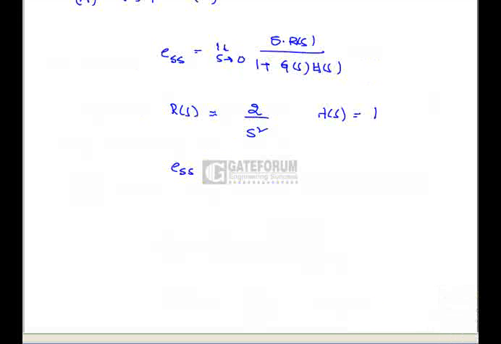So ESS equals 2 divided by 1 plus limit s tends to 0 of sG(s).